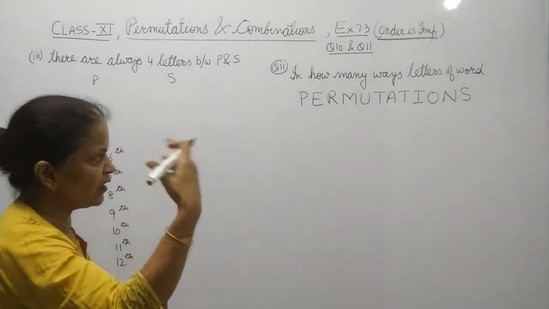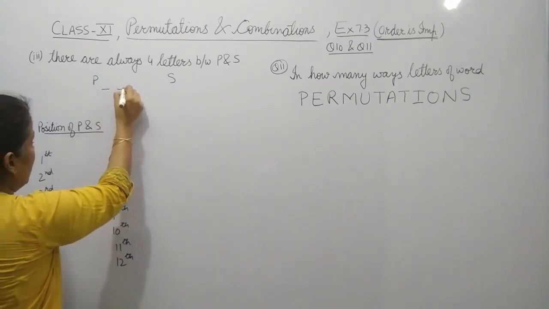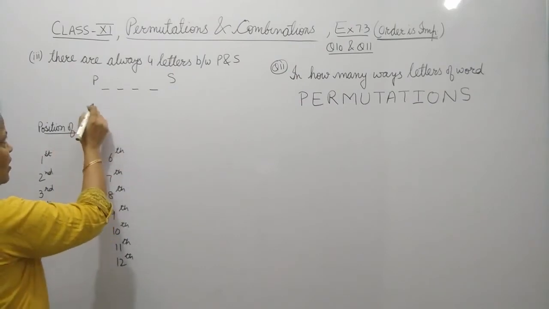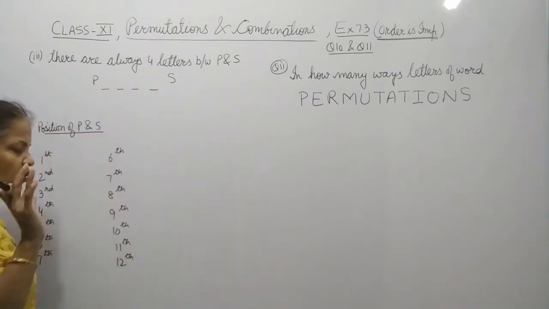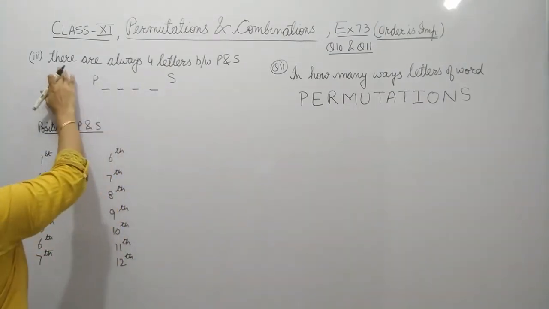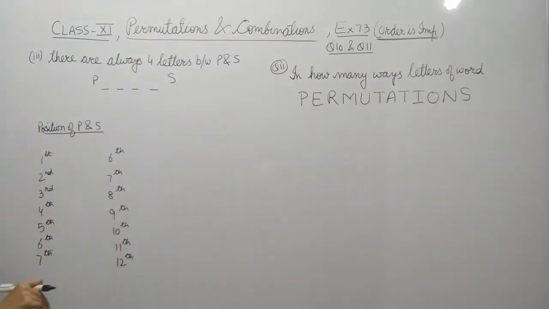It can be at the extreme end also, but there should be 4 letters between them. It can be written like this, or in between also, or at the end also.